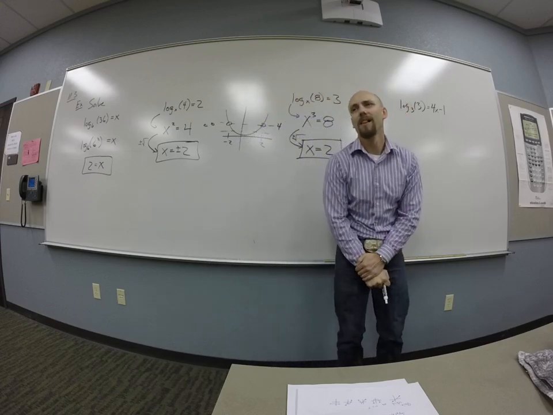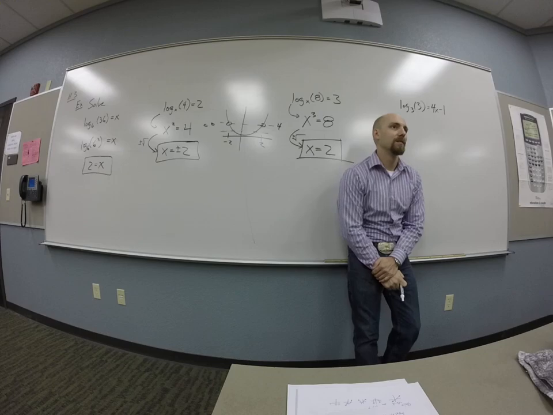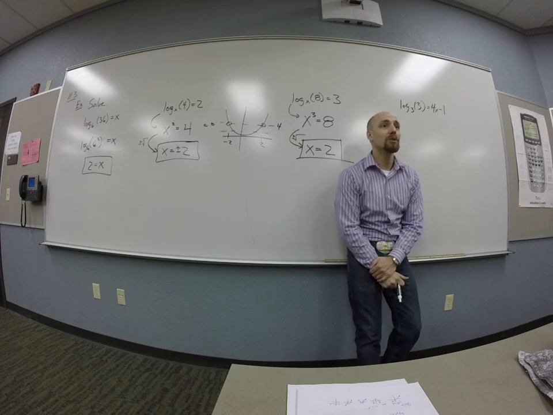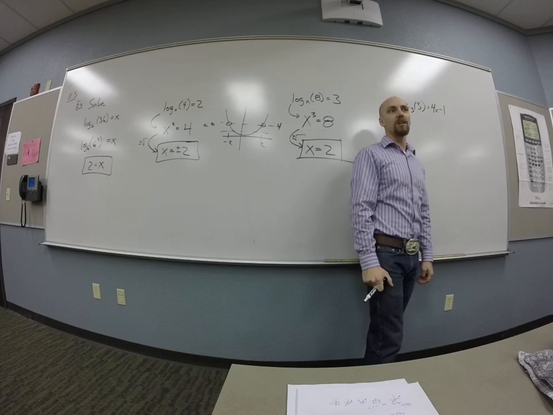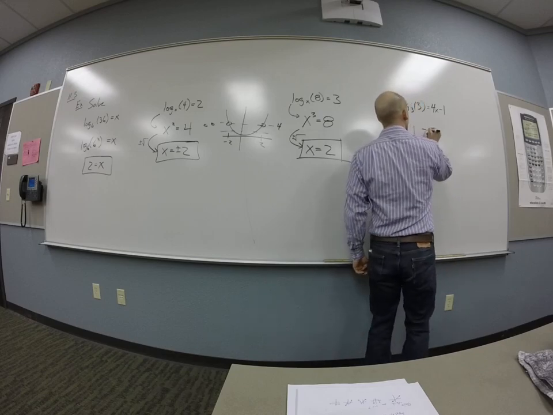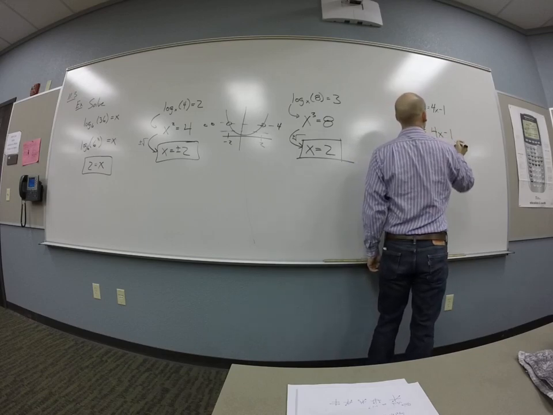How about this one? This one's a whole problem. This one's actually pretty easy. Why is this one pretty easy? Oh yeah, because I know what log base 3 of 3 is. What is it? 1. So that was just an evaluate step, right?